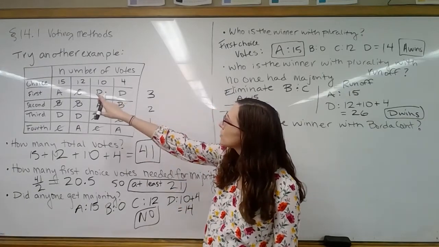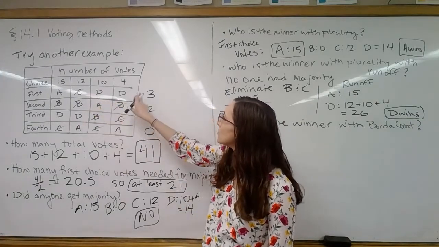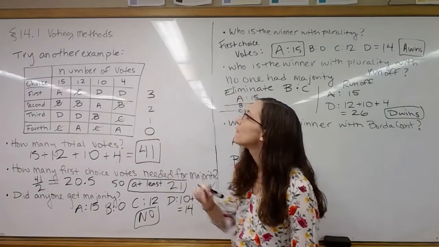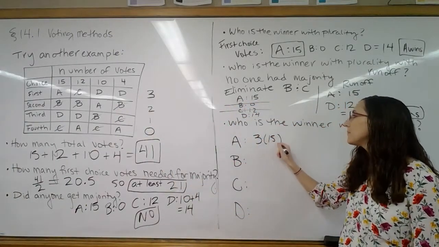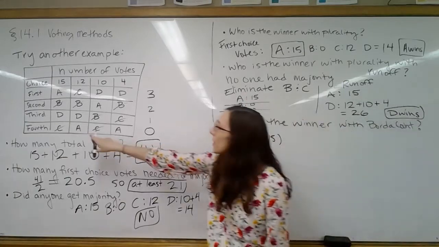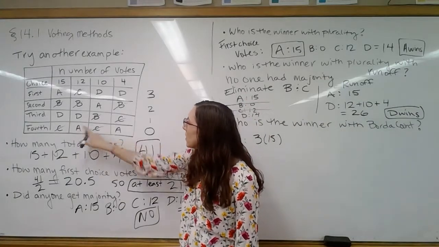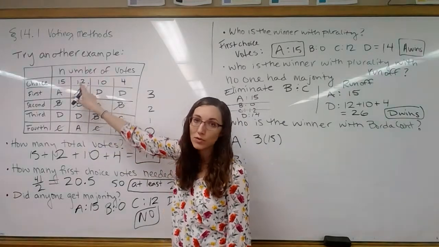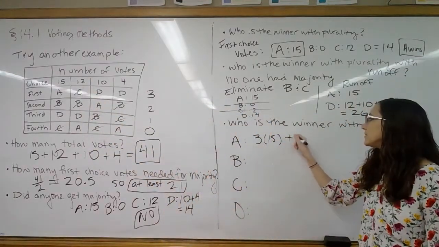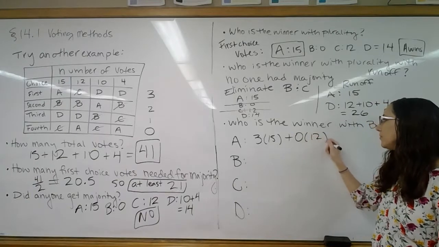So A is first choice in the first column, so that's worth 3 points for 15 ballots. So we get 3 times 15. In the second column, they are last, fourth choice, which is worth 0 points, and that's for 12 votes. So they have plus 0 times 12.